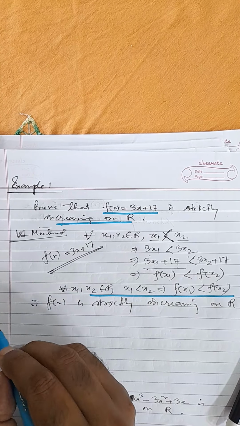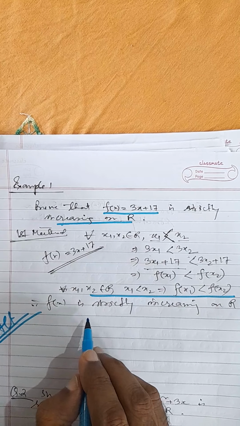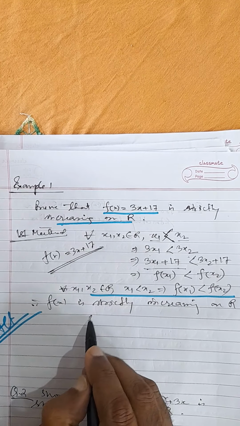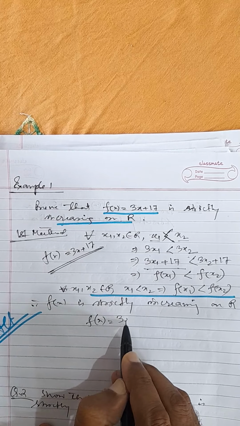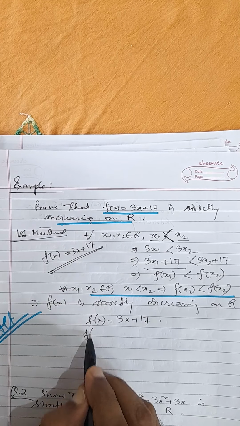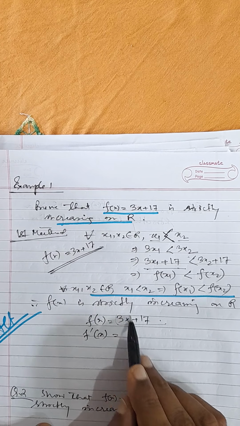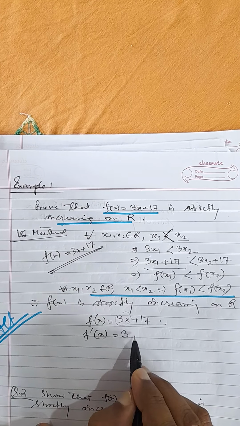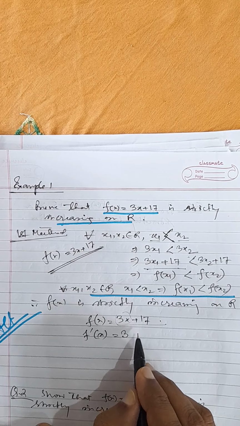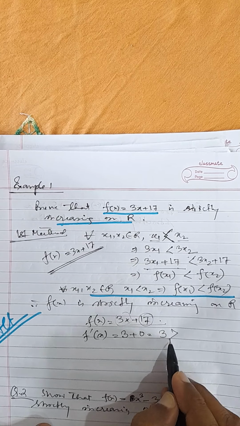An alternative method we can do. What is the alternative method? We have given f(x) = 3x + 17. Now check the first derivative. Differentiation of this: d/dx of 3x is equal to 3, and plus d/dx of constant term is 0. So what will we get? 3. 3 is greater than 0.